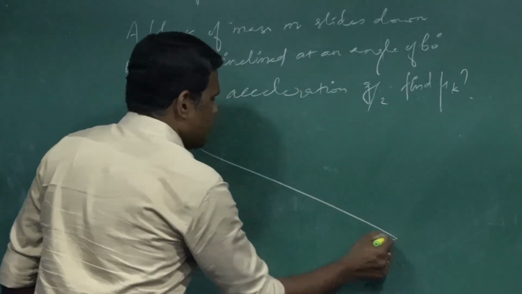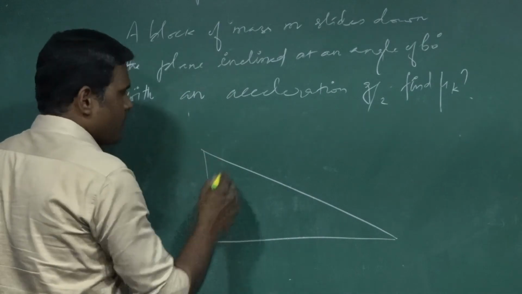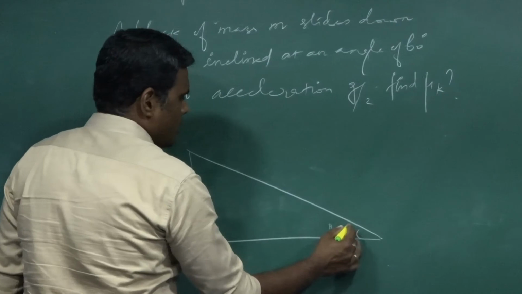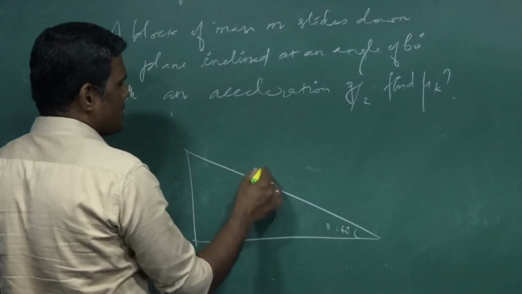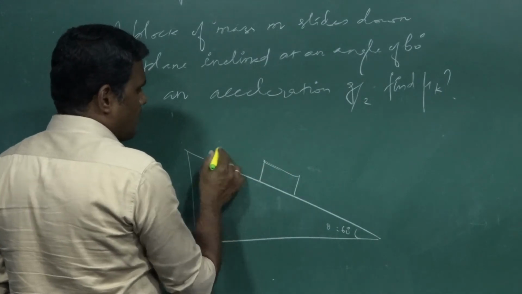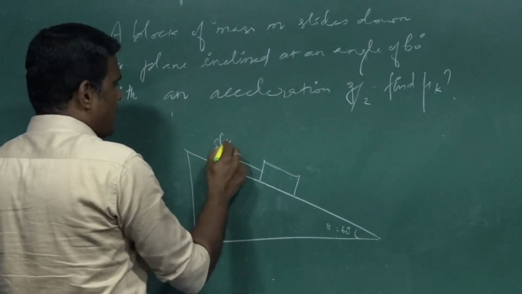So if you draw the diagram for this question, I can write theta equals 60 degree. The coefficient of kinetic friction comes into play when the object begins to slide down. Fs maximum can be taken as Fk.